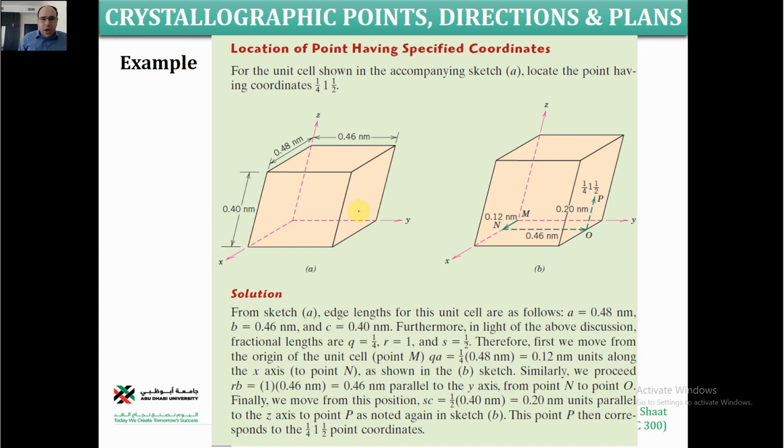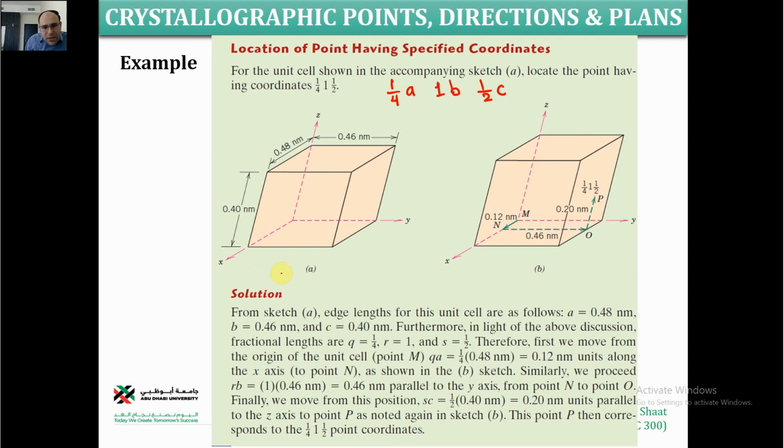This is X, Y, and Z already given to you, and you are required to locate this point, to draw this point over this graph. So according to the point specification, the indices of this point, we do have quarter of A and the entire B, and we do have half of C, right? This is according to the coordinate that we are already given here.